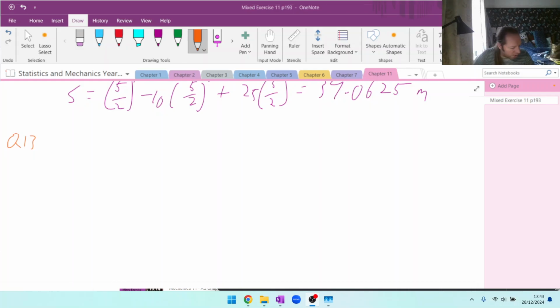Here we are, the last question except for the challenge ones, but Stats and Mechanics, Year 1, Chapter 11, Question 13, Variable Acceleration.